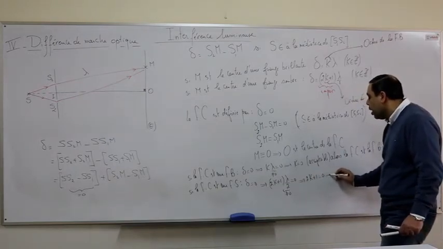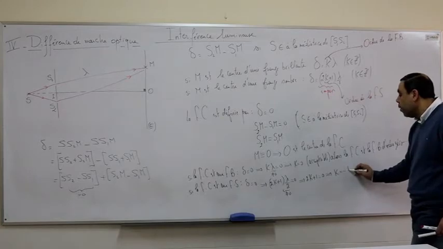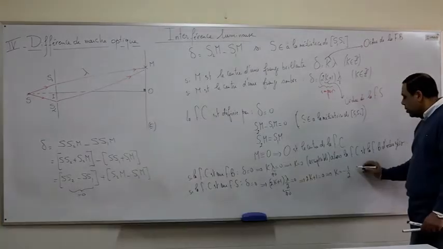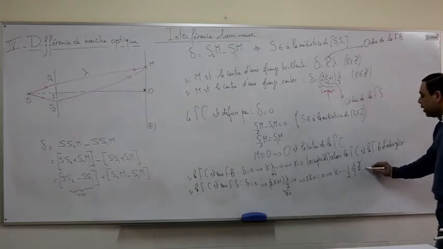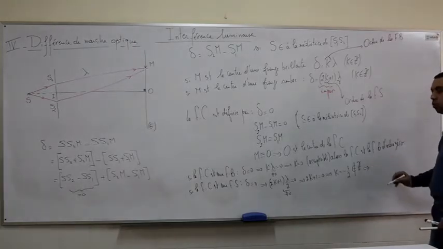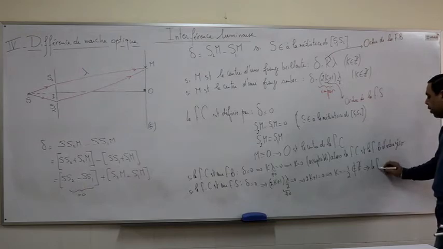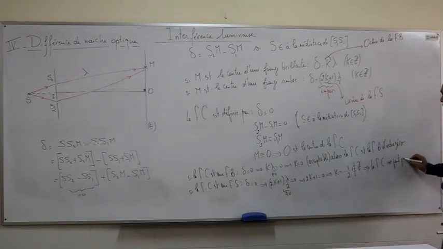We obtain that 2k plus 1 is different than 0. This means that k equals negative half, which is not an integer. Therefore, the central fringe can never be a dark fringe, because there doesn't exist any dark fringe of order negative half.